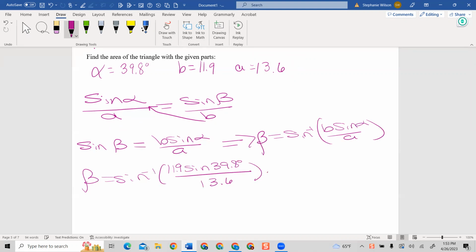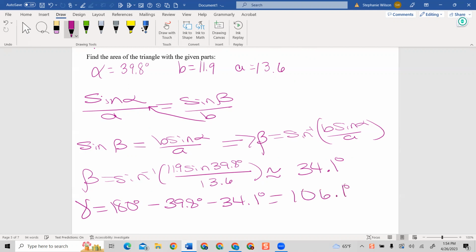Type it in our calculator, we get 34.1 degrees for our beta. Now let's find gamma. So I'm going to take 180 degrees minus my 39.8 degrees minus my 34.1 degrees. And I get 106.1 degrees.